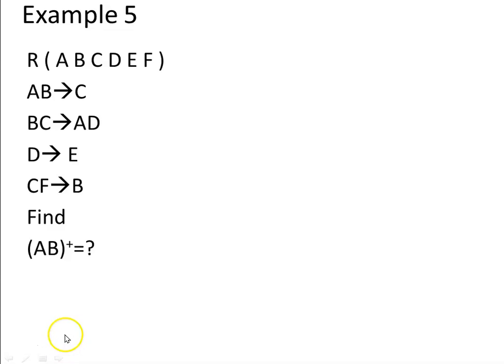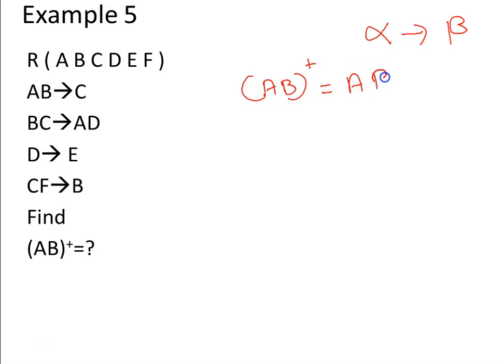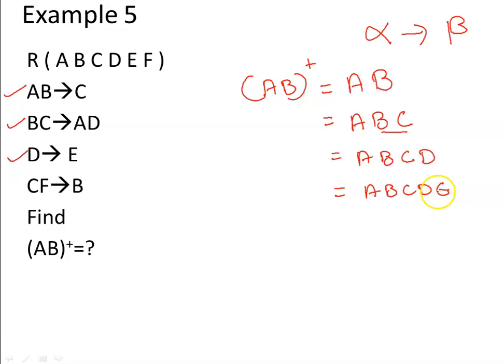Next, find the closure on AB. Closure on AB is A, B, and the first FD says AB determines C, so we have A, B, C. The second FD says BC determines AD, so we already have BC, A is already present, so we have A, B, C, D. The third FD, D determines E, so we have D, so now we have A, B, C, D, E. And the last FD, CF: CF does not occur anywhere.